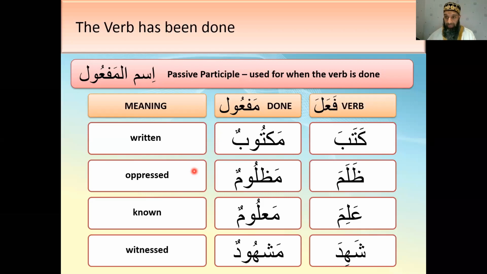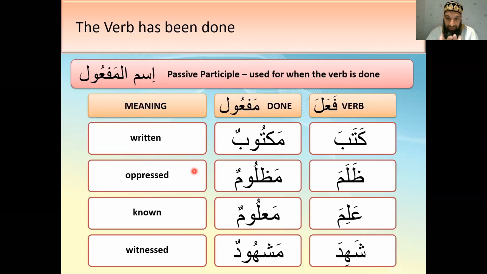And maftuhun means the thing that has had the opening done to it. So what was maftuhun? Opened, right? So maftuh means open. So you can say, you know, the door is maftuh. That means it's opened, right?